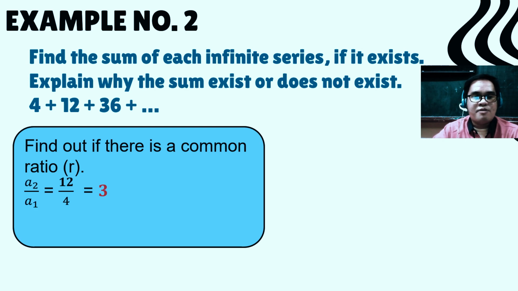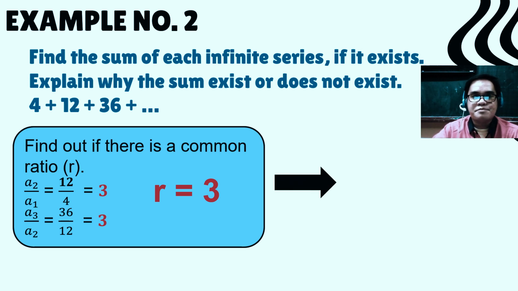So a sub 2 over a sub 1 is equal to 12 over 4, and the result is 3. We have also a sub 3 over a sub 2 is equal to 36 over 12, and the result is 3. Therefore, their common ratio is equal to 3.